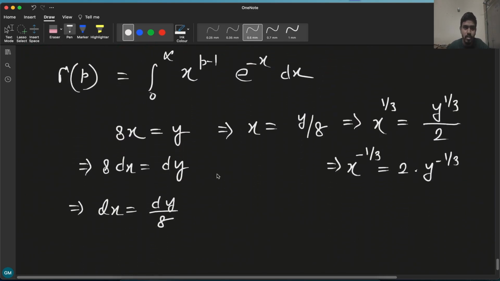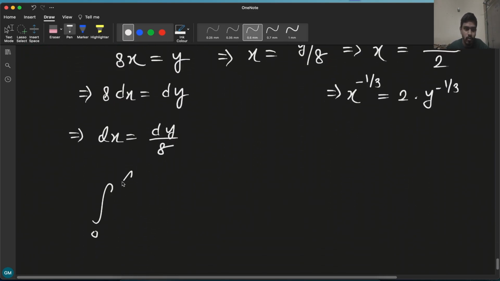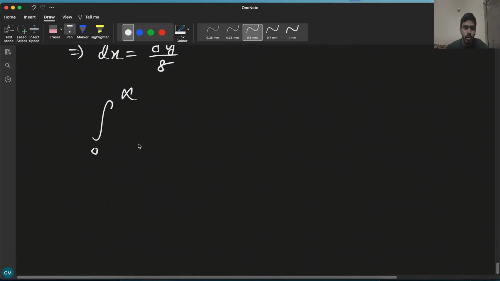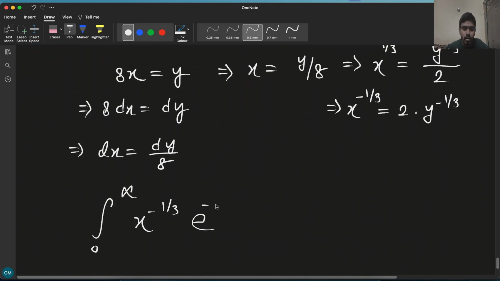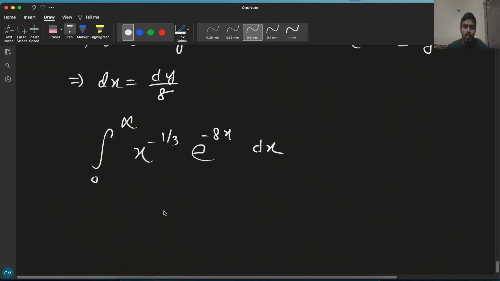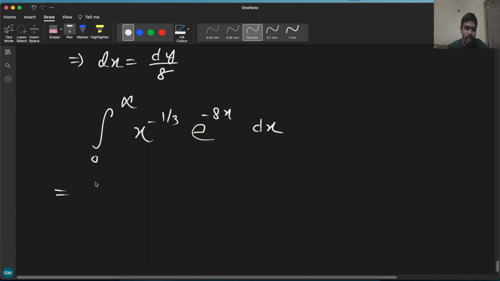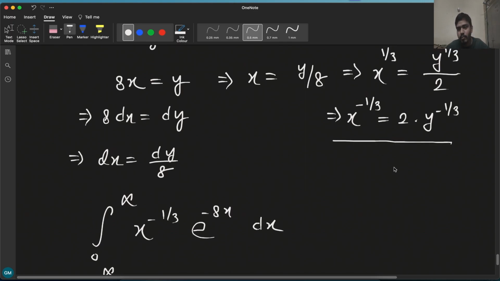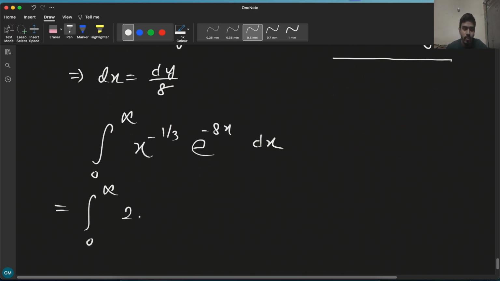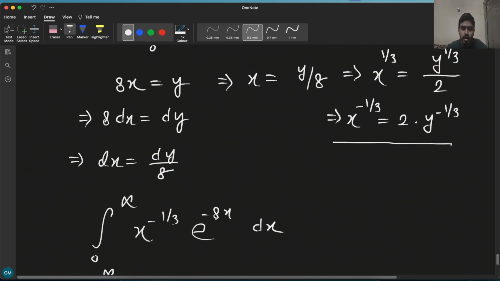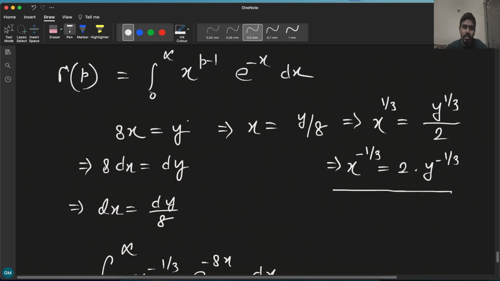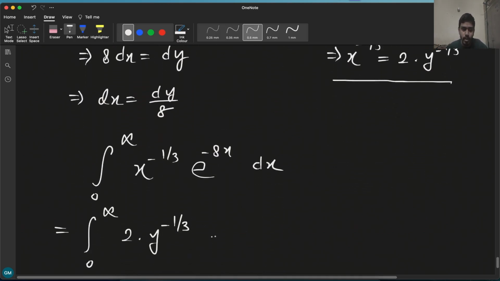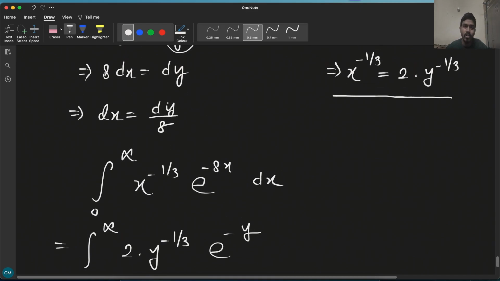So then the given function, integration from 0 to infinity of x to the power minus 1 by 3 e to the power minus 8x dx, if I replace x by y, we are left with integration from 0 to infinity of 2 times y to the power minus 1 by 3, e to the power minus y, and instead of dx, I will write dy by 8.